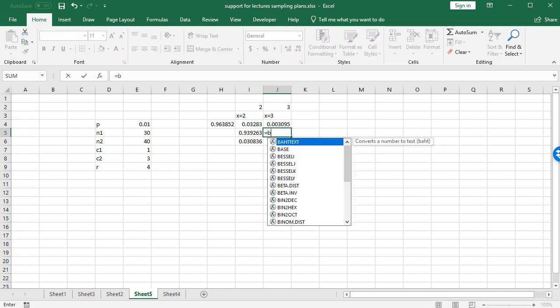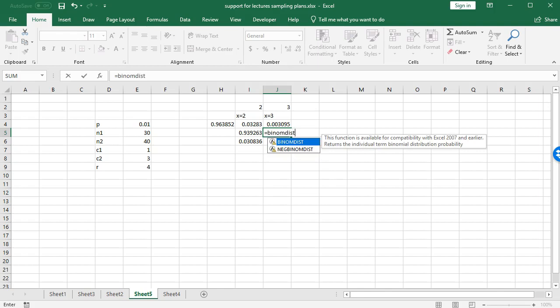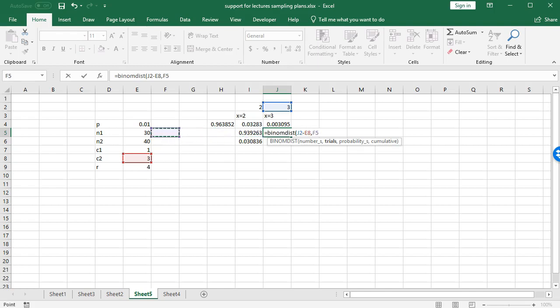So we compute the binomial distribution with the number of successes being 3 minus the acceptance number 3, and the number of trials is the second sample's number 40 with probability 1%. And here it doesn't matter if it's cumulative or not because it's just one term, but let's just use 0.